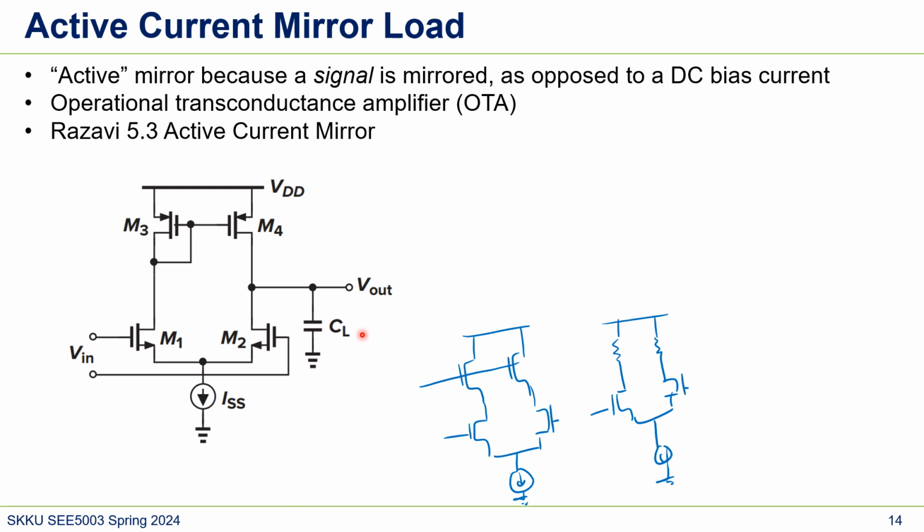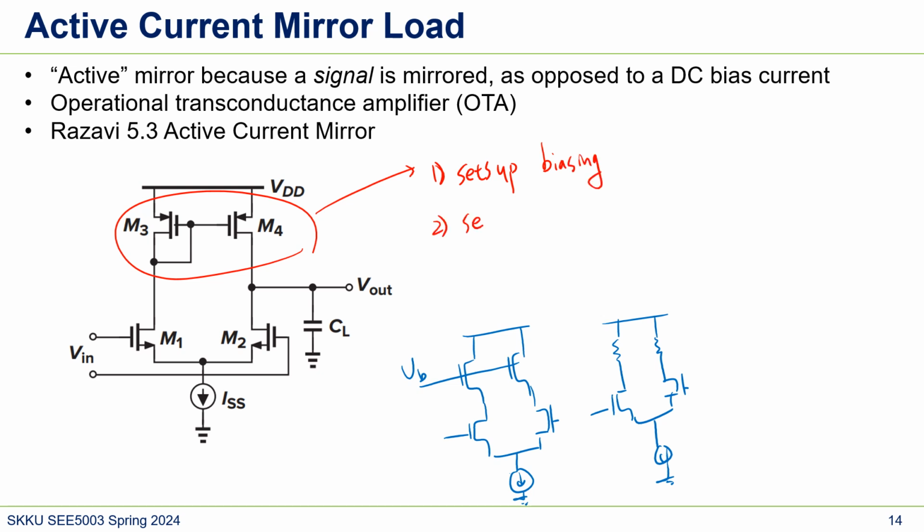If we compare this with this, we need some V bias externally for the fully differential amplifier. But in this active current mirror load, we don't need the outside bias voltage. This sets up biasing, and it also sends the left output to the right side.